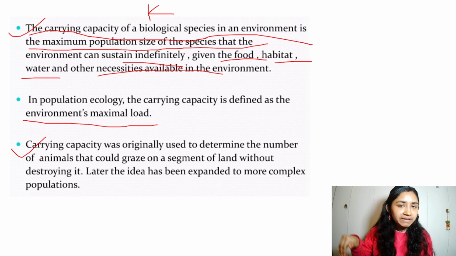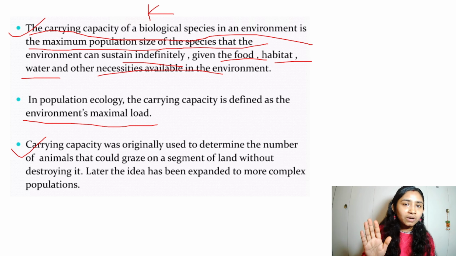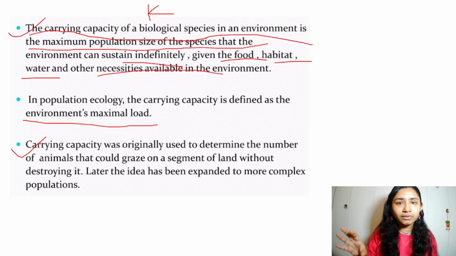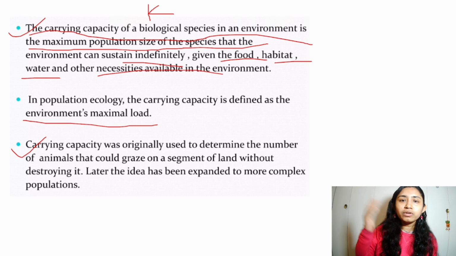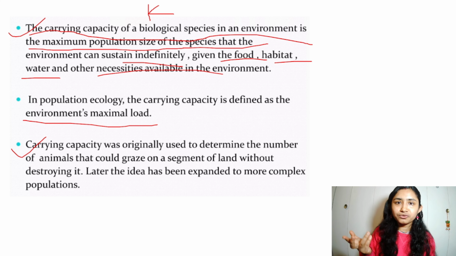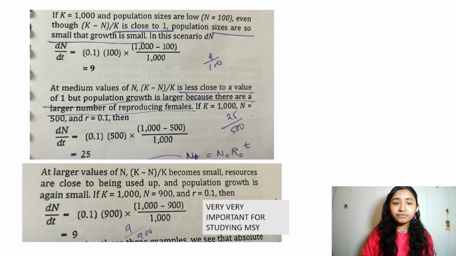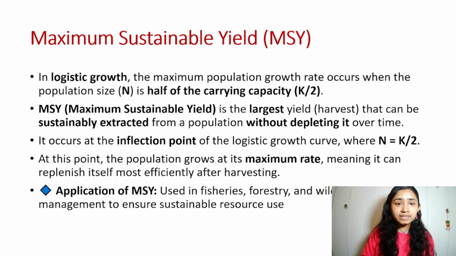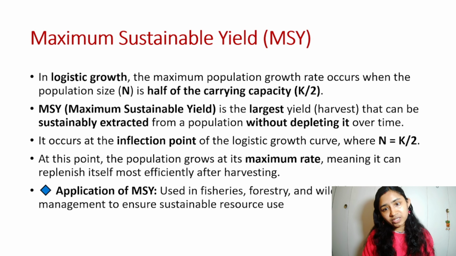If you know how many cows the environment can support, then you can decide how many cows you will put on the ground for grazing. That's very important. If you bring in cows beyond your carrying capacity, then your land will be destroyed in a day. Okay, I will give you one very important example, which is MSY, or maximum sustainable yield.